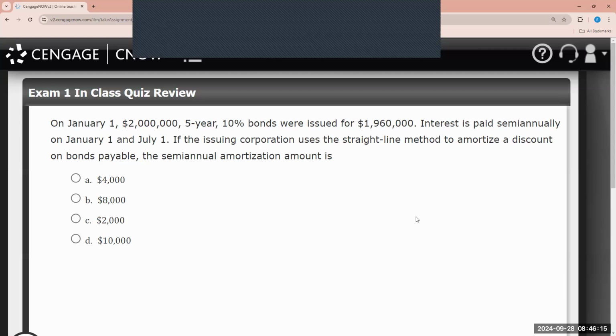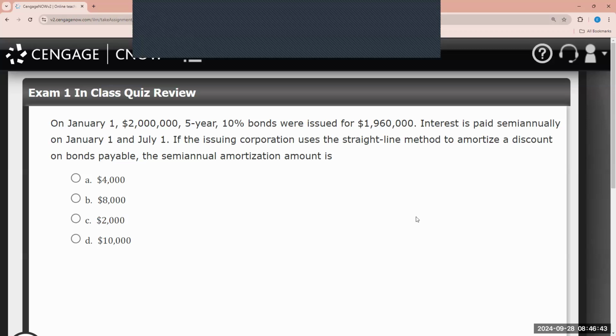This brings us to Chapter 11. It states, if the issuing corporation uses the straight line method to amortize a discount on bonds payable, the semi-annual amortization amount is... On January 1st, $2 million 5-year 10% bonds were issued for $1,960,000. So we see that these bonds were issued at a discount. How do we know?